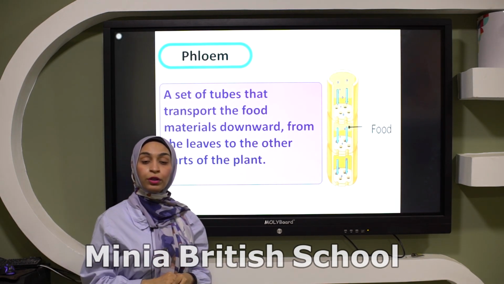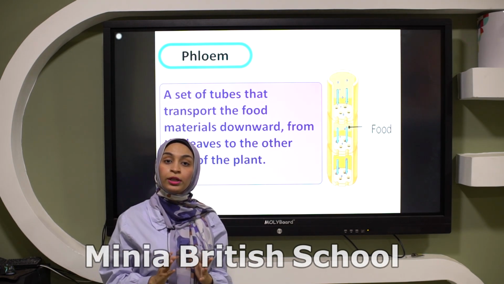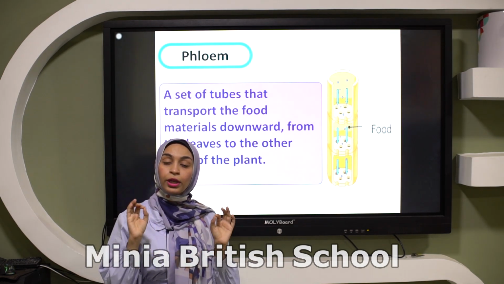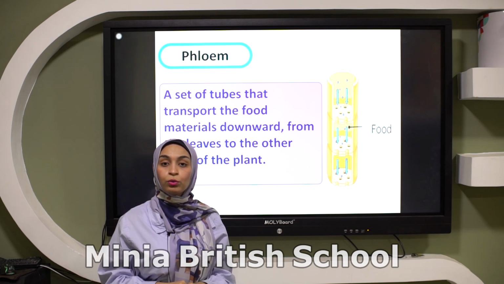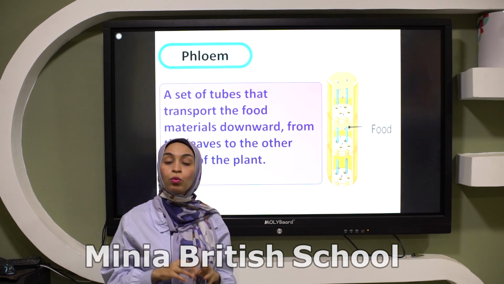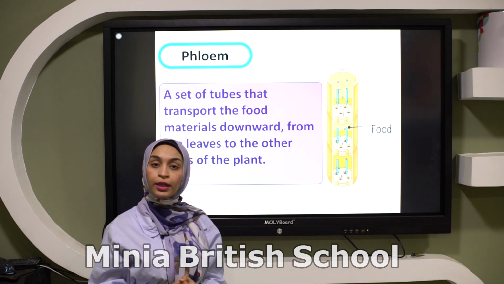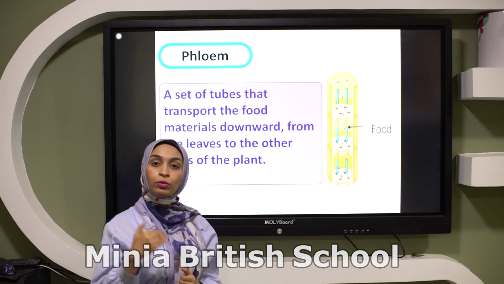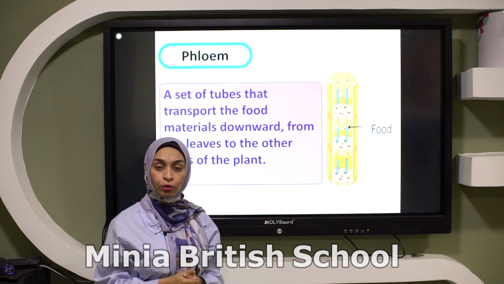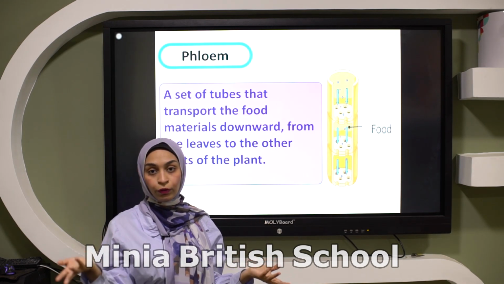What about the phloem? After making the food in the leaves, we need to deliver the food to the other parts of the plant through vessels called phloem. So phloem are wide vessels that deliver the food after making it inside the leaves downward to the other parts of the plant. What is the difference between the xylem and the phloem?